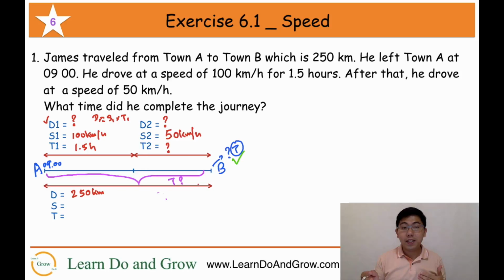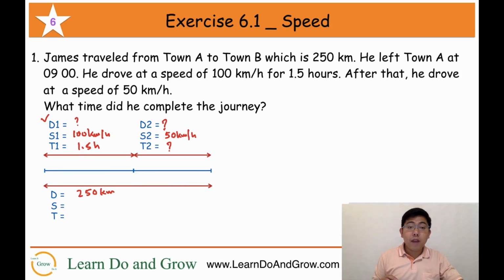What we have learned just now is that total distance, the whole journey, equals the first part of the journey added to the second part. In this case, the first part and the total distance we know, so in the end we are able to find the second part of the journey.